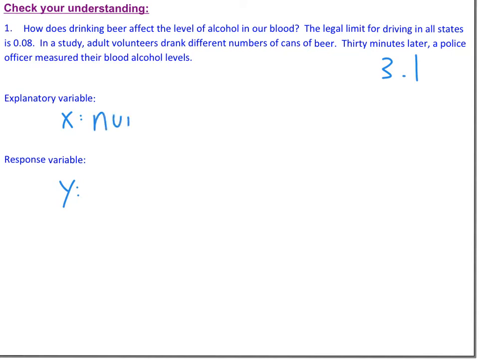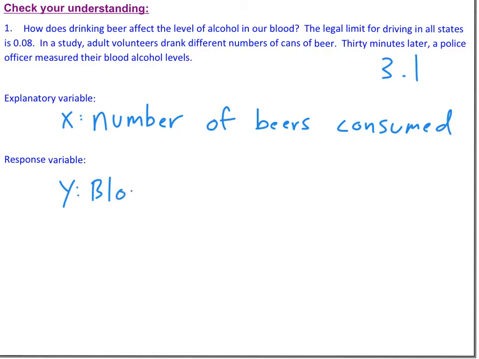The explanatory you can always think about as your X variable. In this case, it would be the number of beers consumed. And your response variable would be your blood alcohol level.